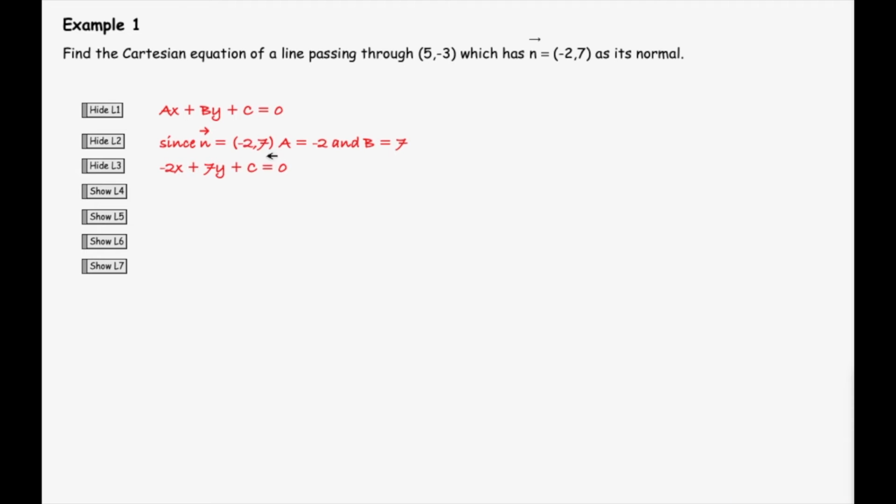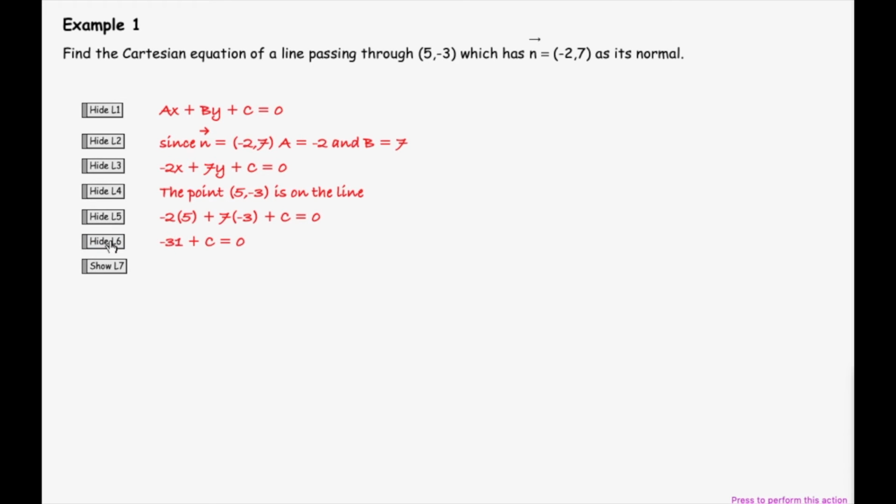And now I need to find c. So if I'm going to find c, what I want to do is plug the point (5, -3) into this equation and then isolate for c. So I'm going to plug in a 5 for x, and I'm going to plug in a -3 for y. That gets me to here. I'm now going to have -10 minus 21, which is -31, plus c is 0.